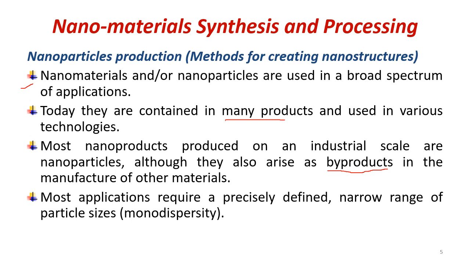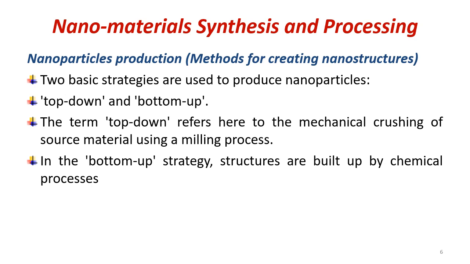Most applications require them to be precisely defined, or the scale or range of these particles has to be decisive, and these particles should be monodisperse. These are the key points with which we highlight why nano production is required.